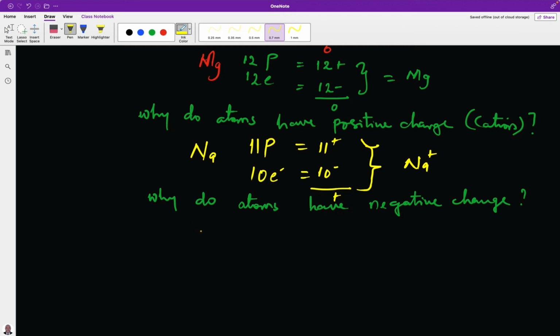The chlorine atom has 17 protons and 18 electrons.